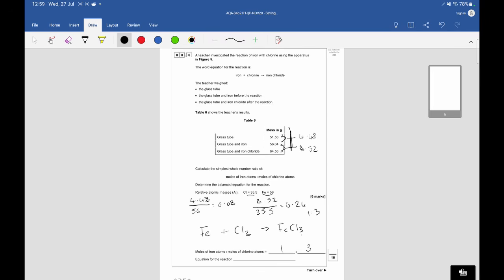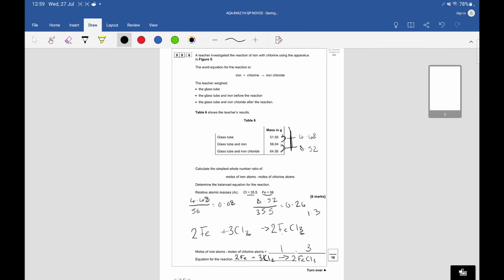That's never going to go into 3. So if we double this, we've now got 6 chlorines on the right, 2 irons on the right as well. So if we have 2 irons here, we need 2 irons here. If we've got 6 chlorines here, we need 3 lots of chlorine there. So our final equation is 2Fe + 3Cl2 makes us 2FeCl3.